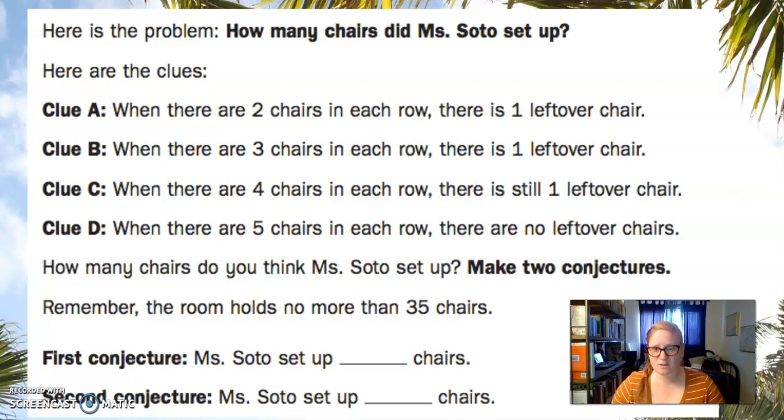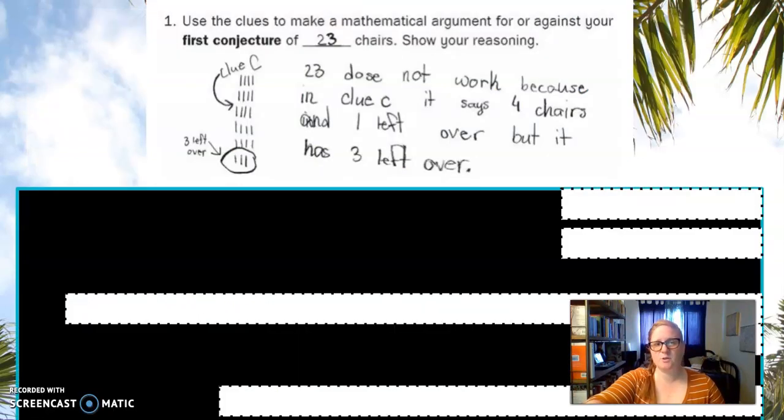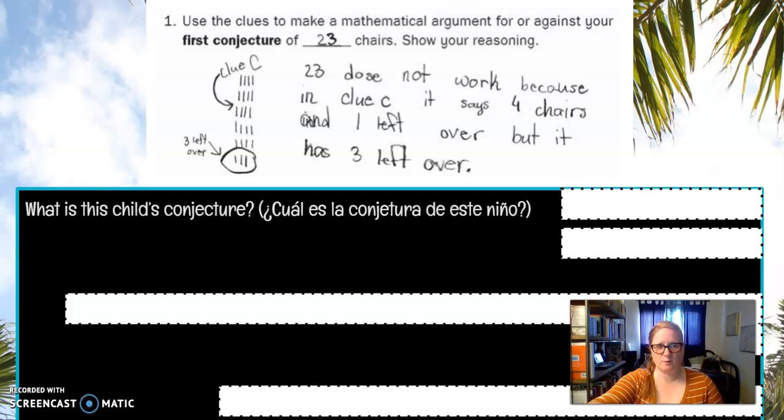So you guys had 2 guesses, and first we're going to go over this student, and I'm going to go over it with you. This student's guess was 23. So I'm actually going to write that down on my slate over here. 23. So what is the child's conjecture?